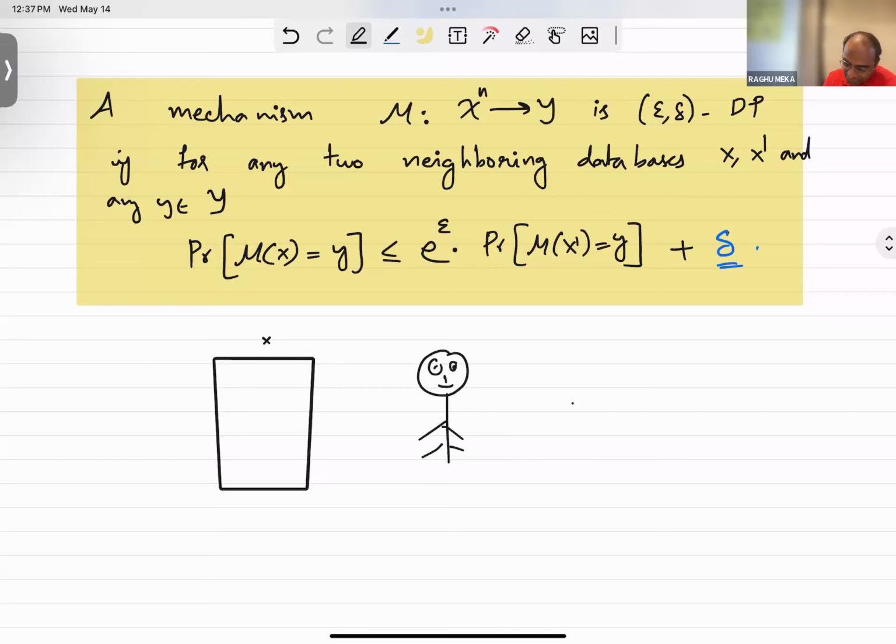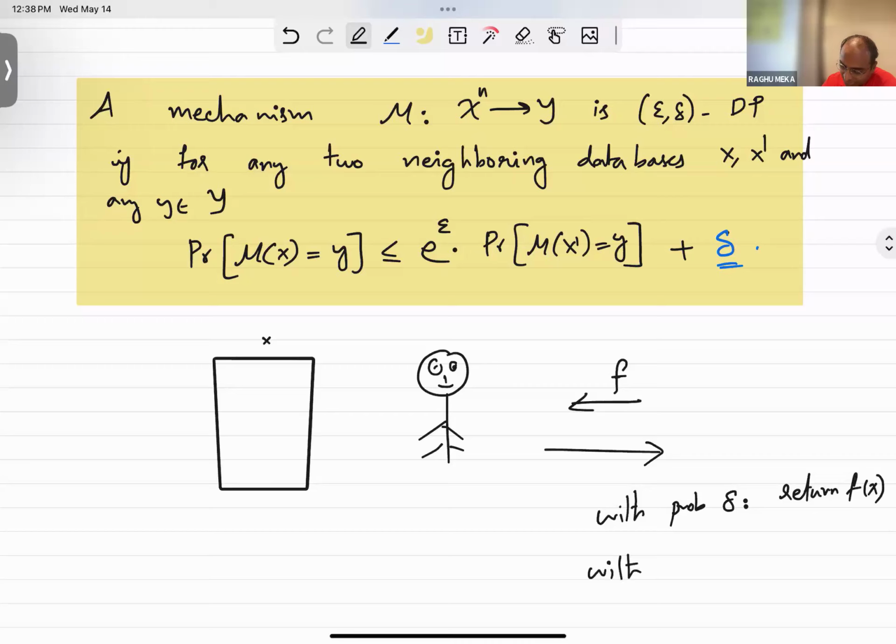Someone comes in and asks a question, f, and my answer is, okay, with probability delta, return f of x, with probability 1 minus delta, return 0. Okay, so this would be a trivial way to get epsilon delta differential privacy. Now with probability delta, I'm allowed to violate privacy however which way I want. So you're allowing some additive error in the violations.